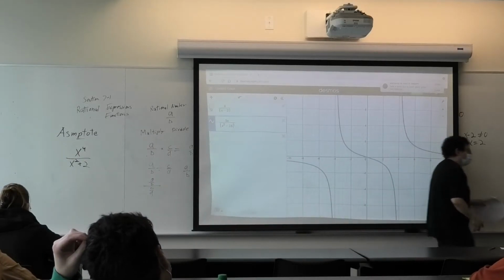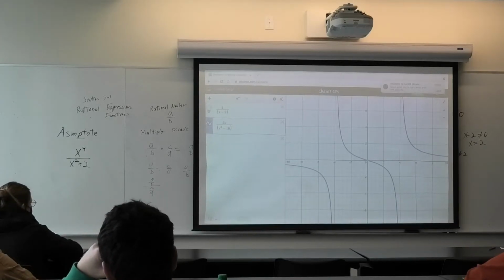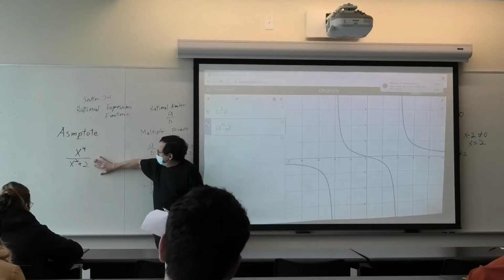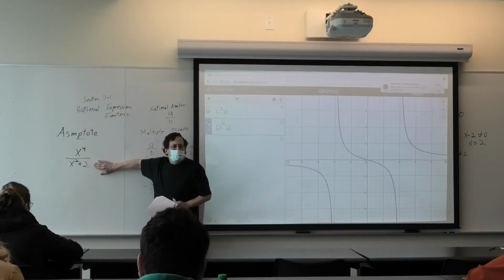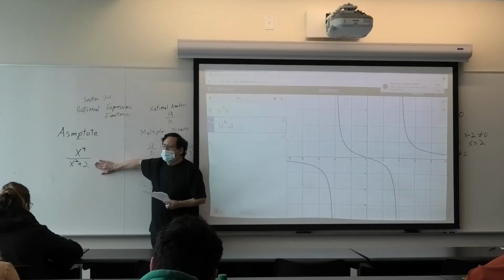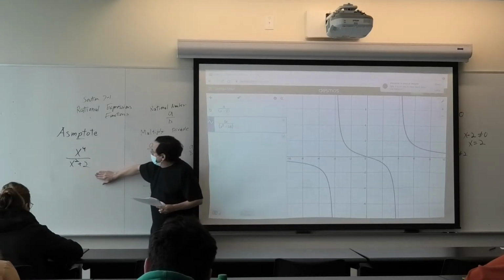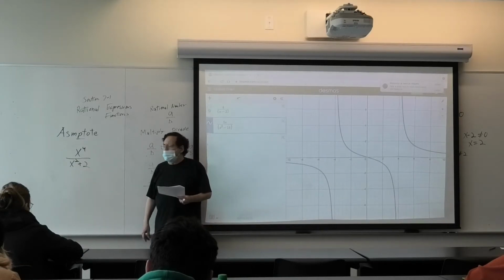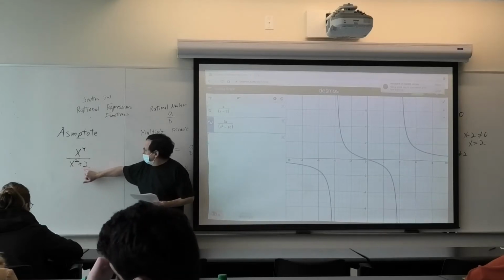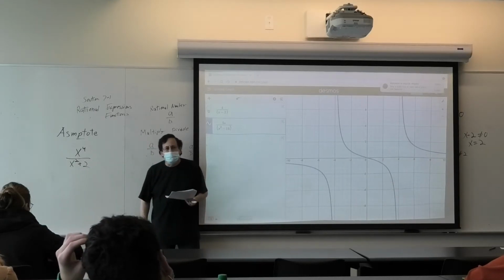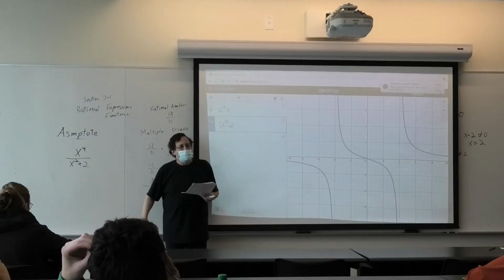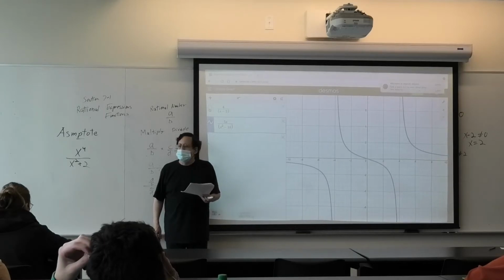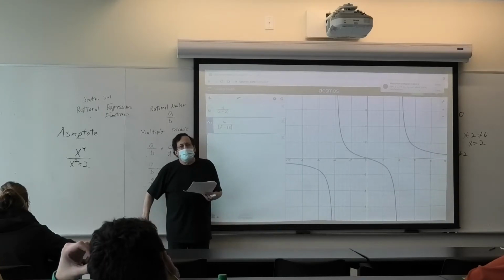Right? Well, before I put it up, what would we expect about the domain of this? Anyone have any thoughts on that? Where can this denominator be 0? How can I plug in an x and get 0 here? You have to think about this for a second. Is everybody thinking about it?